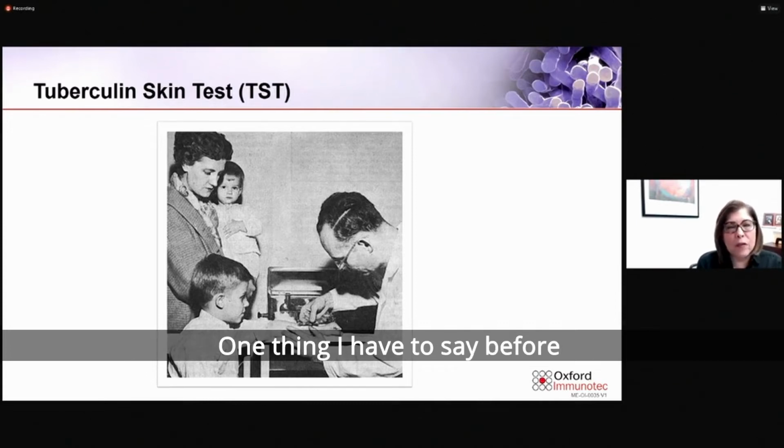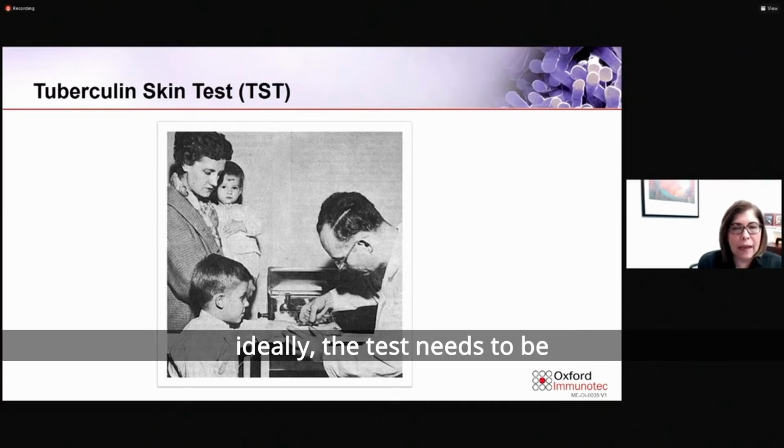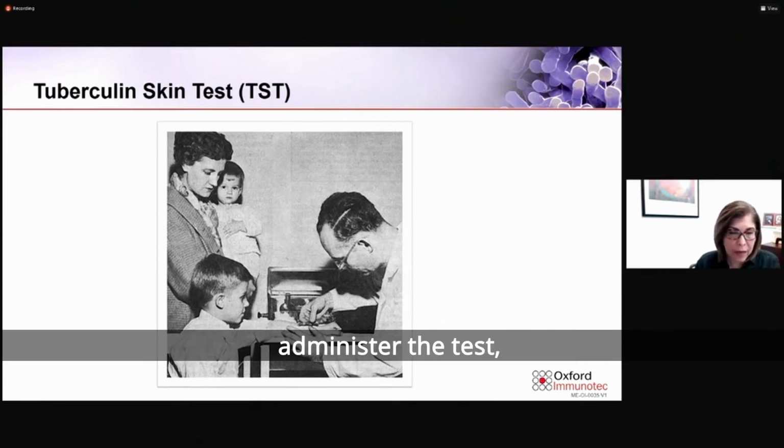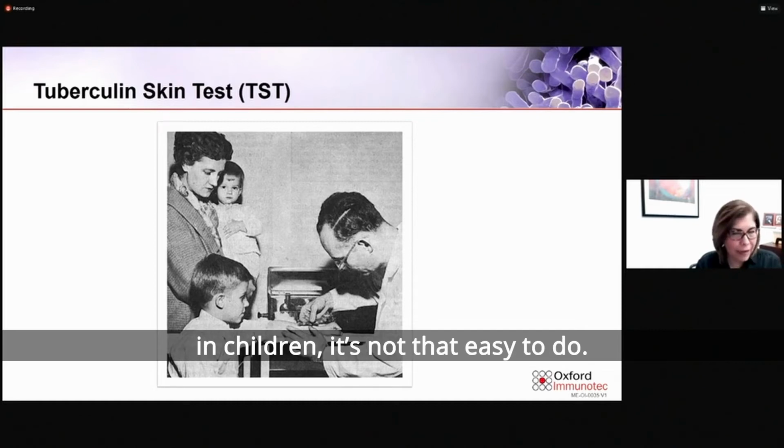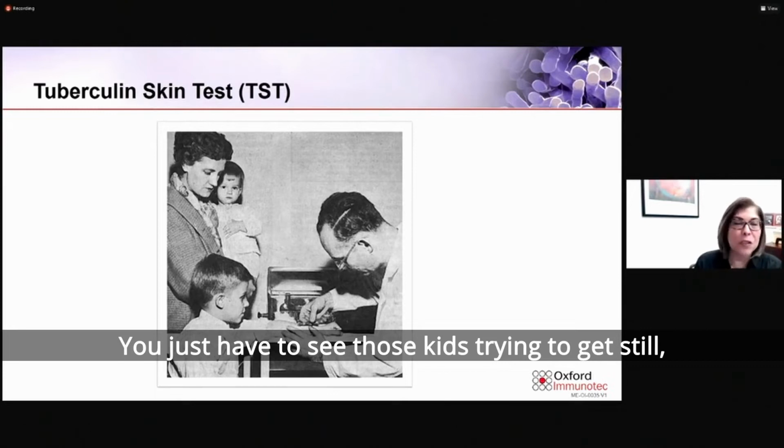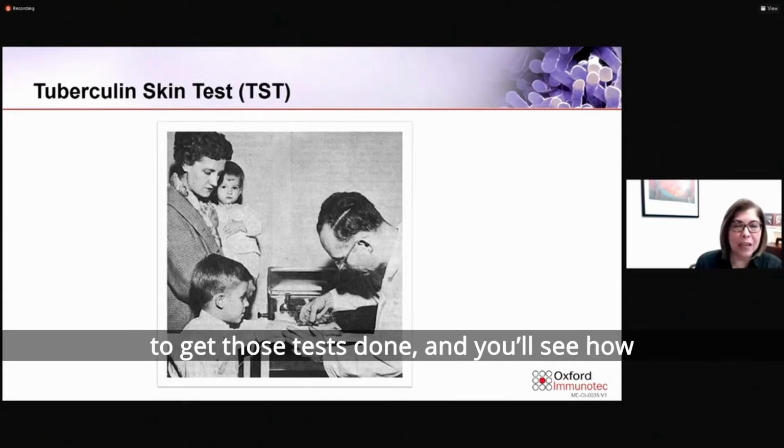One thing that I have to say before we go into the results is that ideally the test needs to be placed by somebody that has experience or has been trained in how to administer the test, because it looks simple, but believe me, in children it's not that easy to do. You just have to see those kids trying to stay still to get those tests done, and you see how difficult it is.